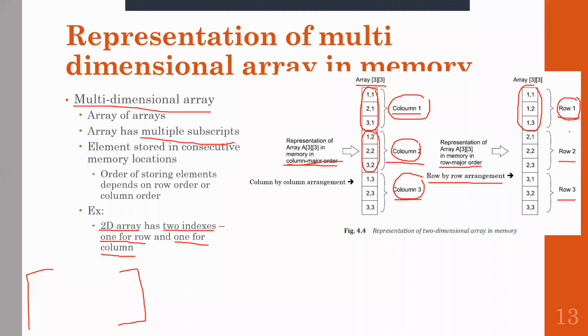Once all the elements of row 1 are over, you start with elements of row 2, then row 3 and so on. Since it is a 3 by 3, there are 3 rows and 3 columns. This is how the elements present in the multidimensional array will be stored in the memory.